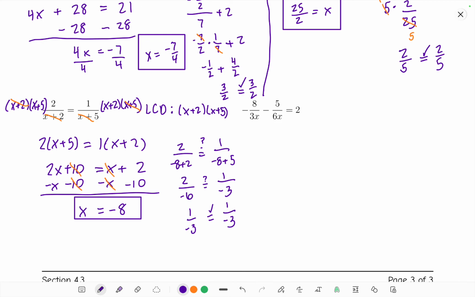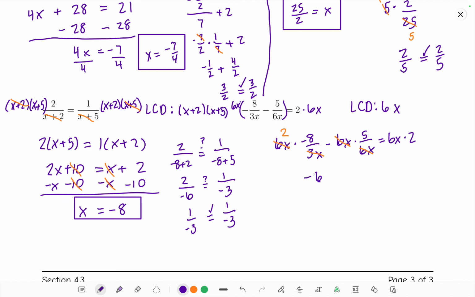Last one for this video. Our two denominators are 3x and 6x, so the LCD is 6x. So I multiply everything by 6x. We get 6x times -8/3x minus 6x times 5/6x equals 6x times 2. The 3x cancels the 6x to a 2, and the 6x cancels out the 6x for the second term.